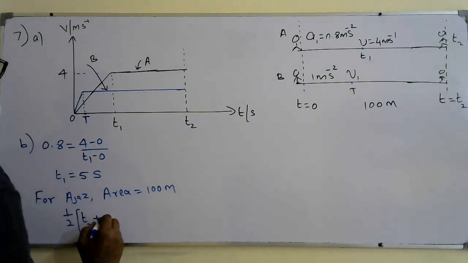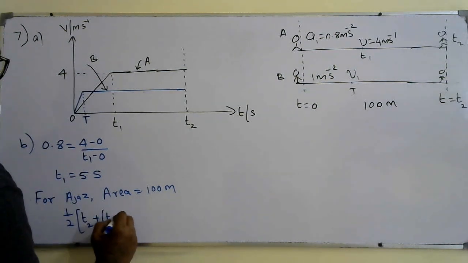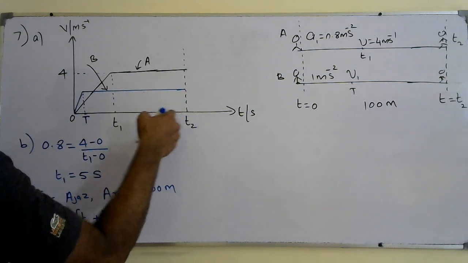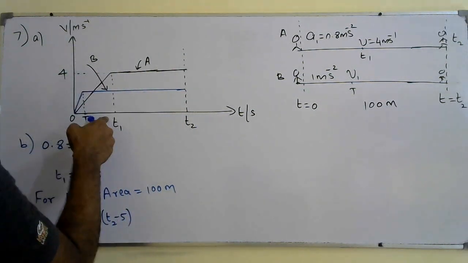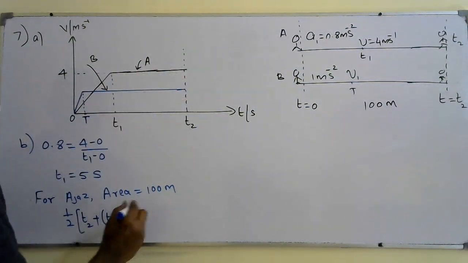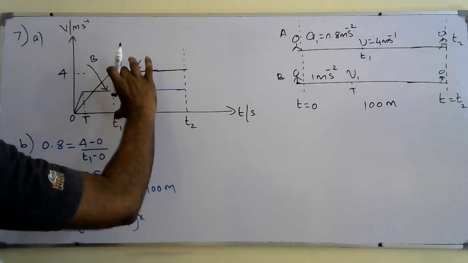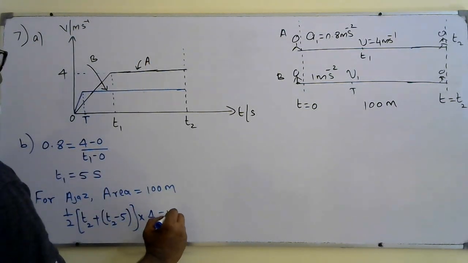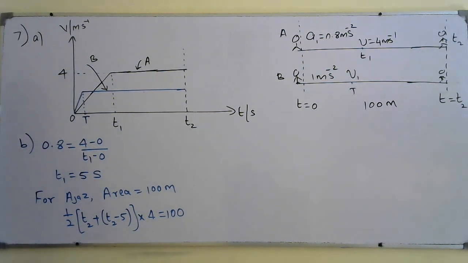But t1 is 5, so this is t2 minus 5. Into the vertical height, which is 4, equals 100.